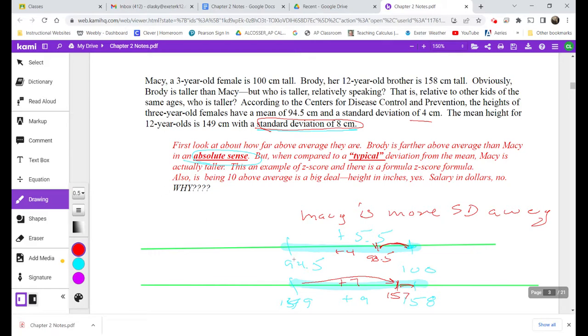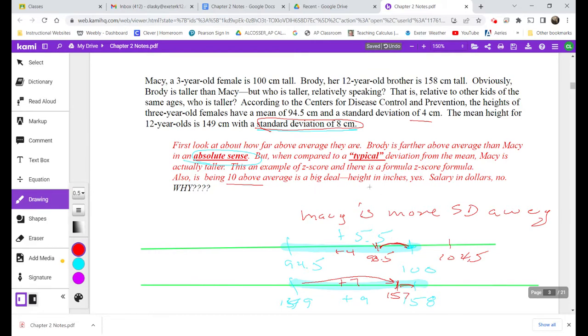Now, it's all context too. If I am, let's say, 10 above the average for height, I'm 10 centimeters higher. Not that big of a deal. Yeah, you're pretty tall compared to everybody else, but not that big of a deal.